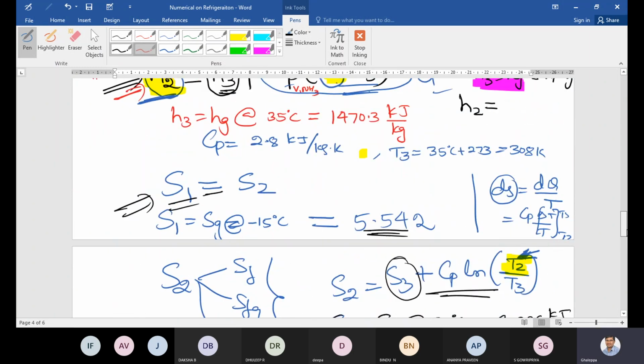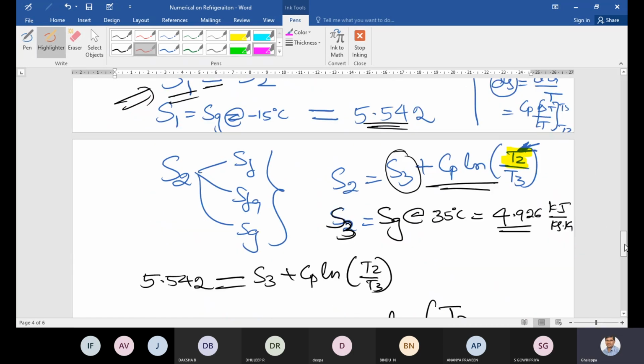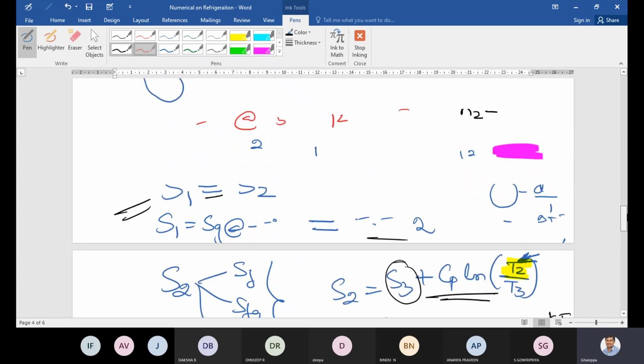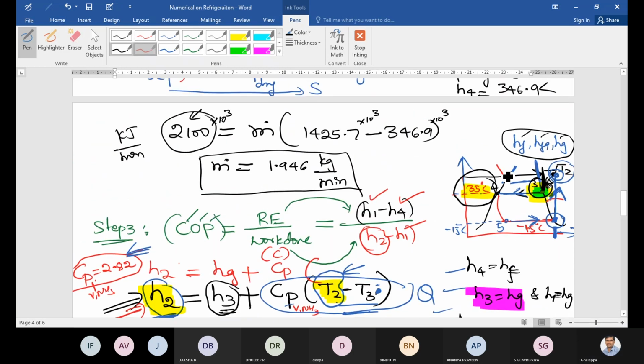308. Yeah, here also it is written. And tell me the value of T2. And dear students, a common sense question: should T2 be more than T3 or less than T3? Refer to the sketch. Yes, it should be more than T3.